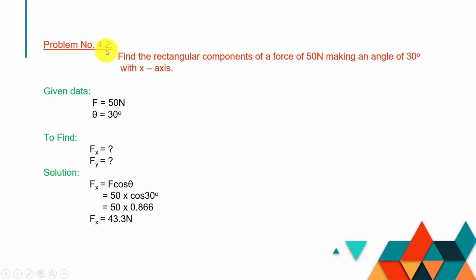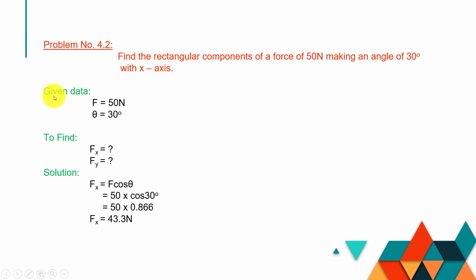Now problem number 4.2: find the rectangular components of a force of 50 Newton making an angle of 30 degree with x-axis. It is clear from the statement that we are given the force of 50 Newton and its direction, that is 30 degree with x-axis.